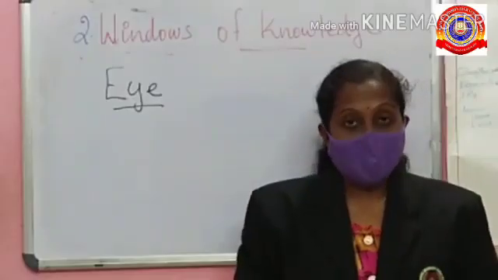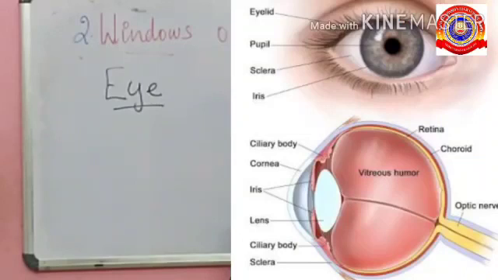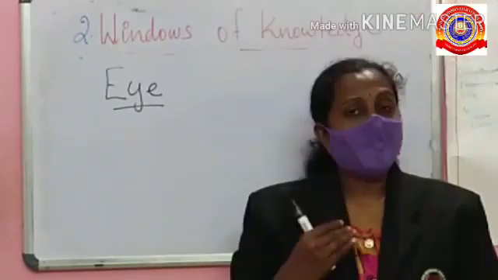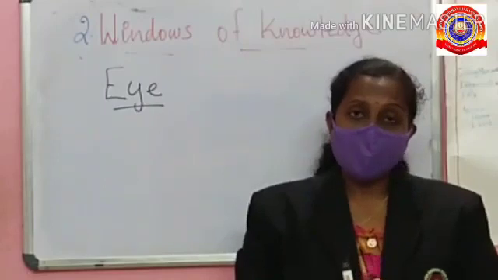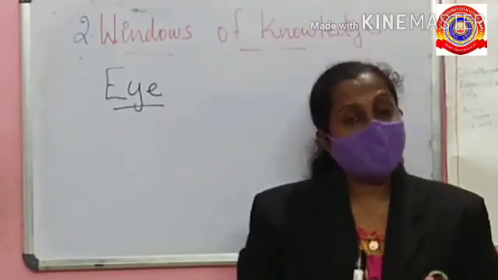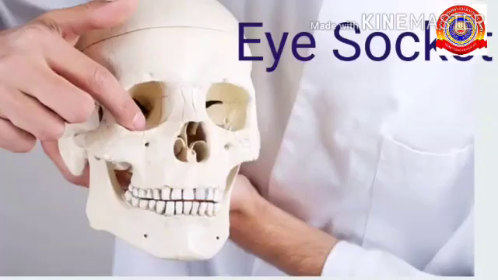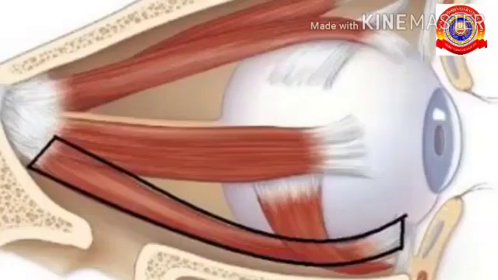Let's start with eye. Eye is the major sense organ that helps the brain to evoke sensation. Now we can look at how eyes are protected. First one is the eye socket, which means the eyeballs are protected inside the skull. It is called depressions in the skull.